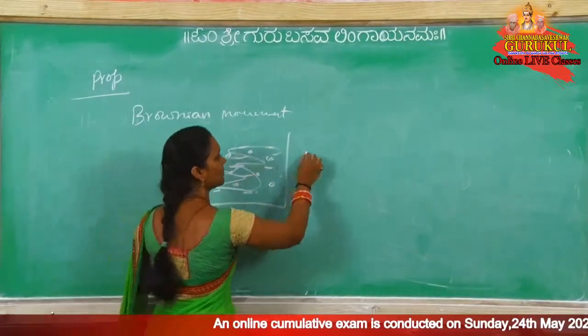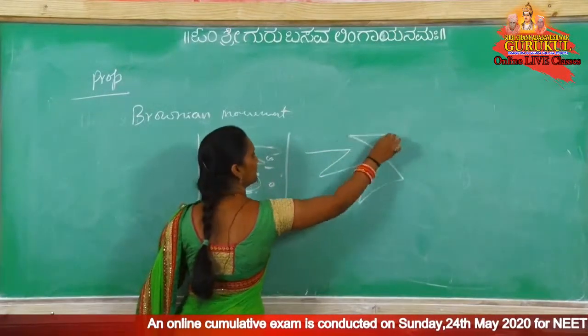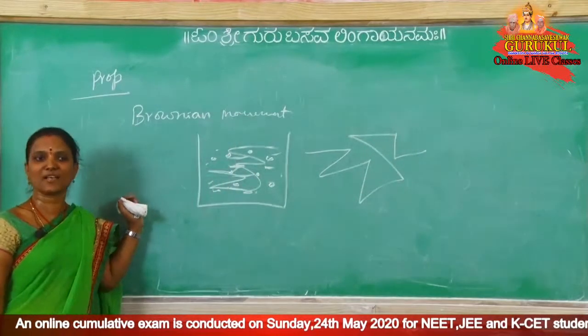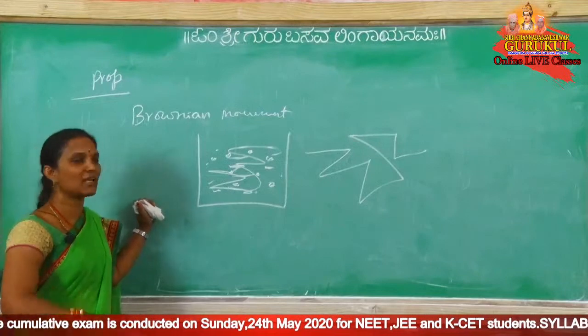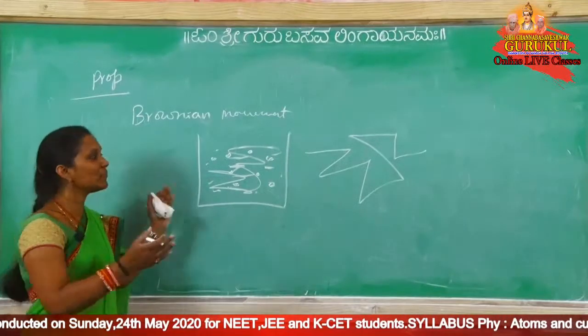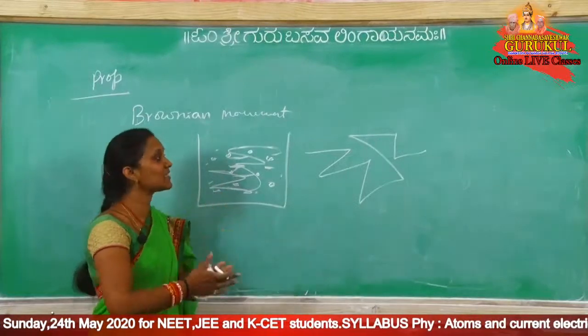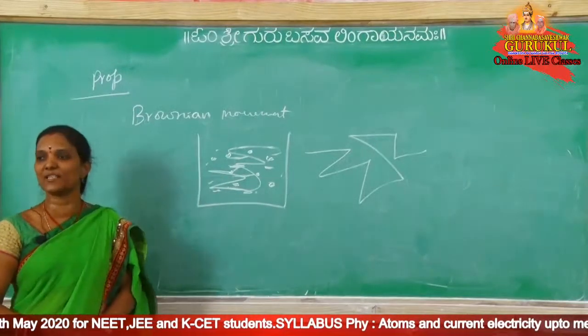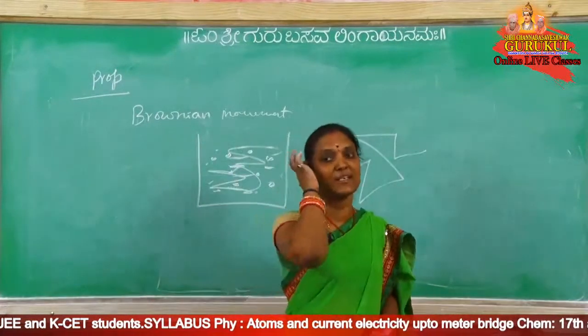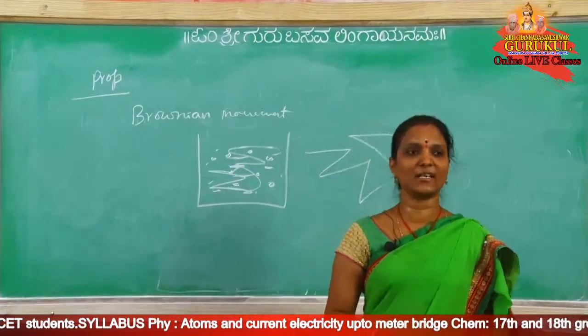It is a zigzag movement. They are not moving in a straight line, not in a particular order. Zigzag movement of colloidal particles is called Brownian movement.